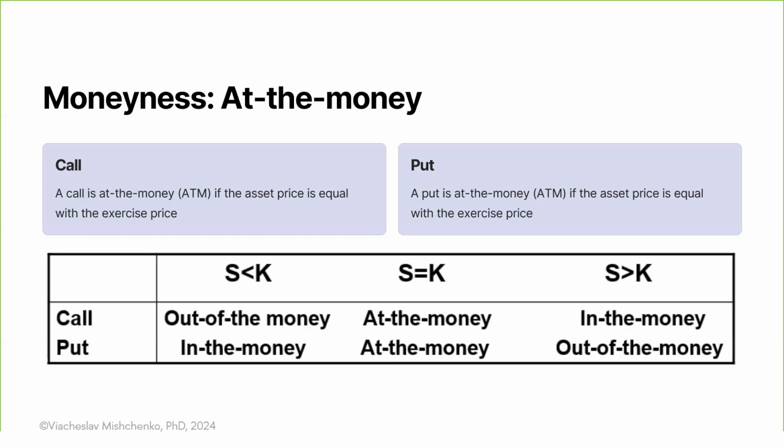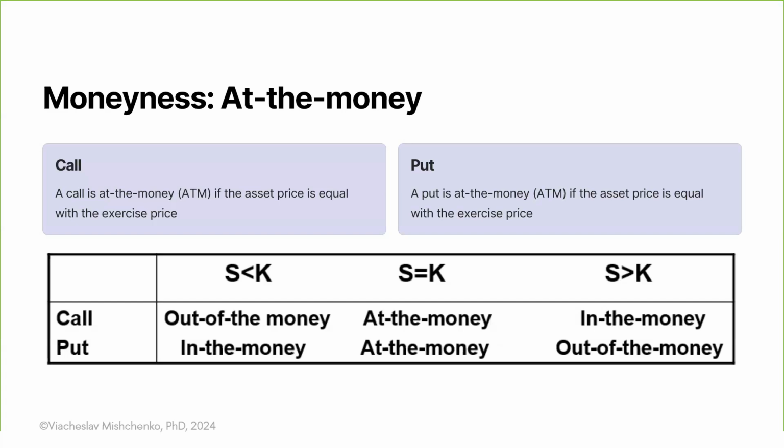And otherwise, if the spot price is more than the strike, then the option is out of the money. But in both cases, if the spot price equals the strike price, then either a call option or a put option is at the money.